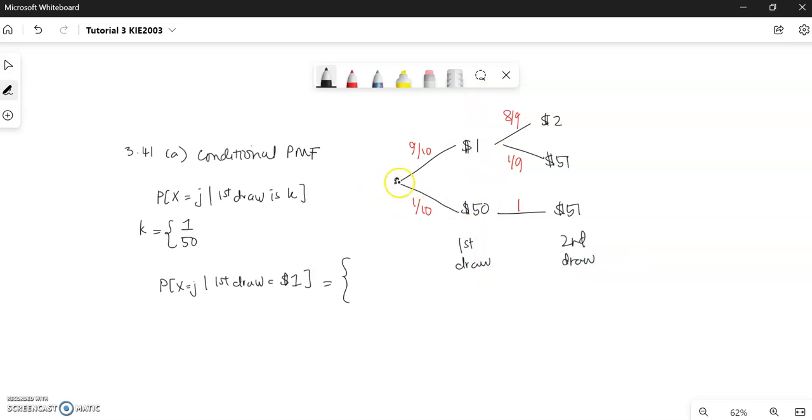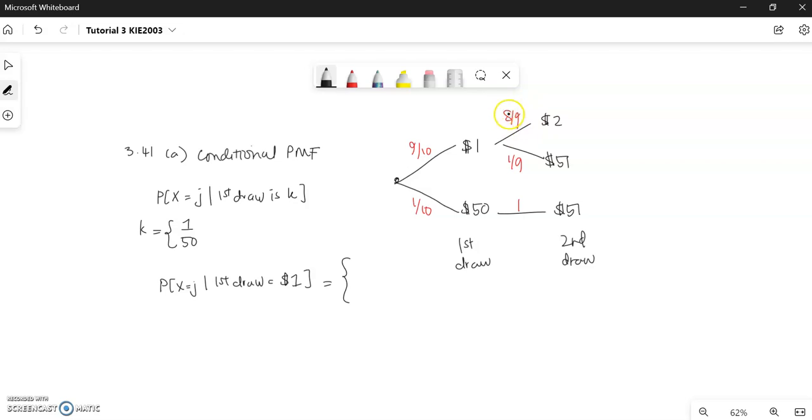On the first draw, either you get a 1 or a 50, with 1 having probability 9 over 10, because we have 9 $1 bills and only one $50 bill. After the first draw, you draw again without replacement. Then X is the total money you have with you. Either you get another $1, which gives you $2.